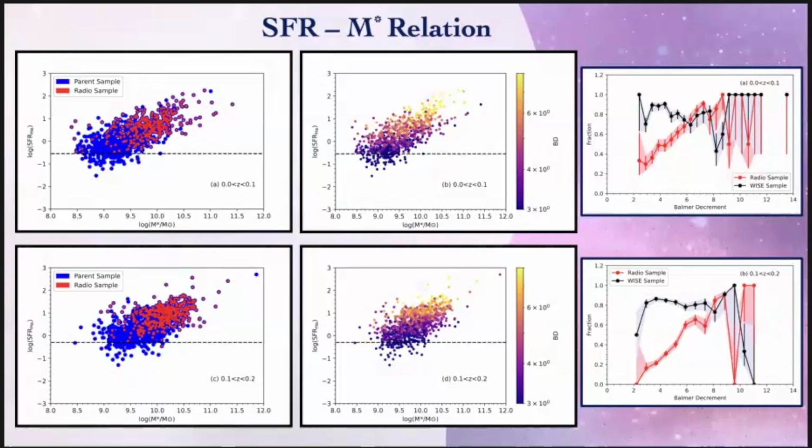I've also color-coded that by Balmer decrement. And just like in the previous slide, we start losing the lower mass population from the radio detected sources compared to the optical parent sample. And those radio detected ones that we are losing have lower levels of dust as traced by the Balmer decrement, corresponding to low star formation rate, low metallicity systems.